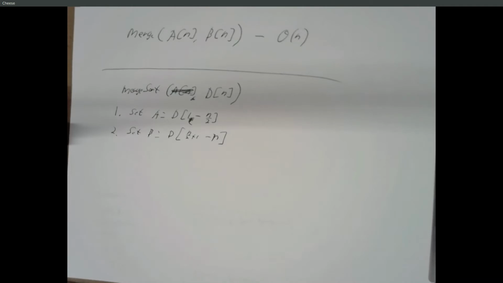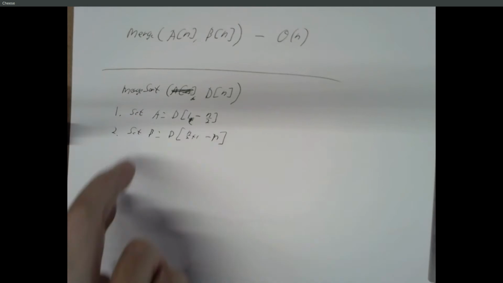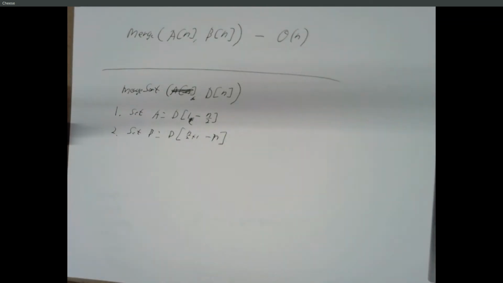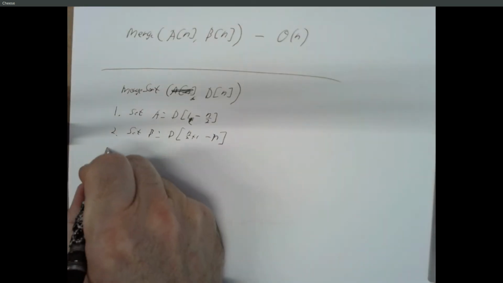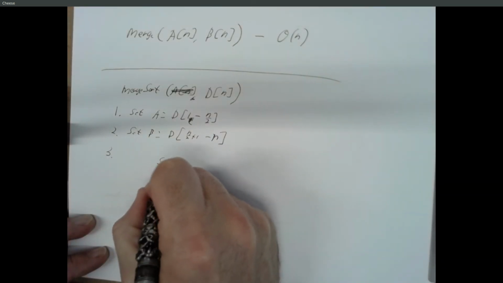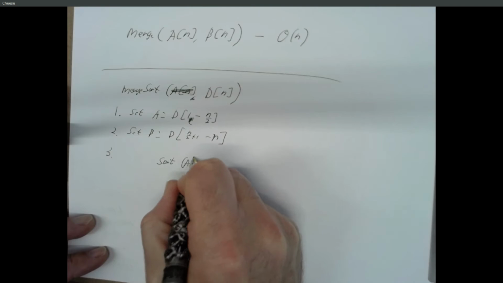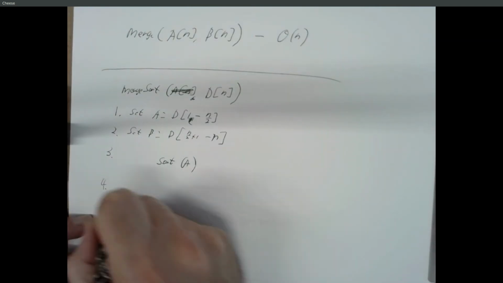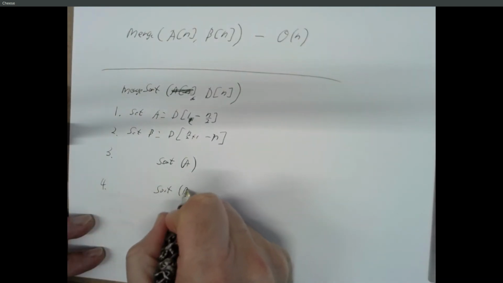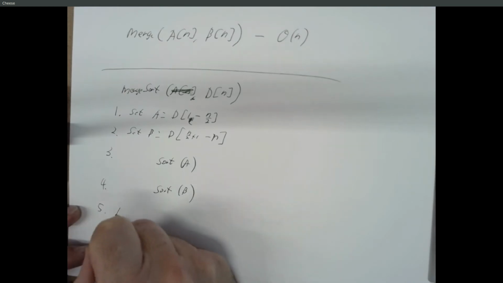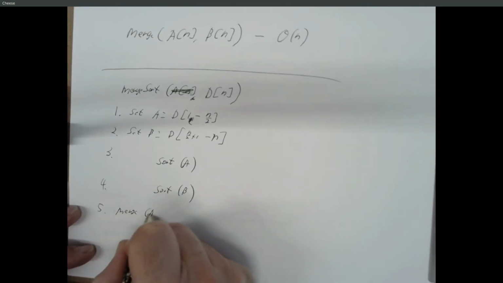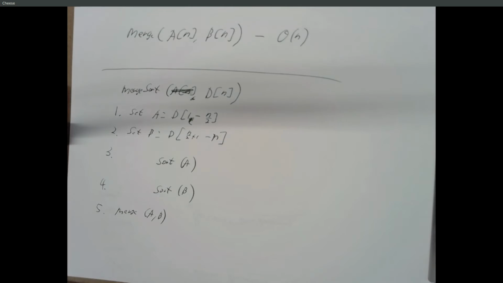If there's an odd number of elements, they'll have slightly different sizes. That's not a problem. So I create 2 sets, A and B. That's an order n operation, right? Okay, so I'm going to sort A, and then I'm going to sort B, and then I'm going to merge A and B. And I'm done.